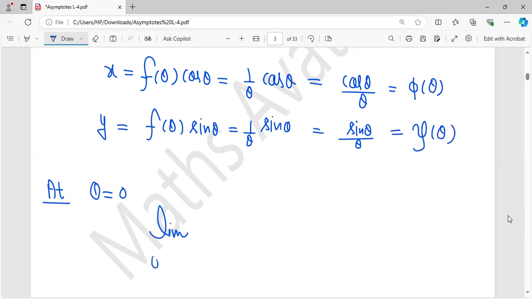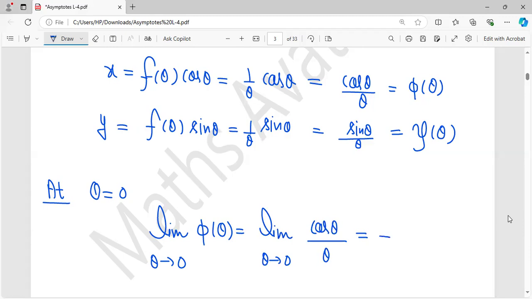Limit theta tends to 0 of phi theta is equal to limit theta tends to 0 of cos theta upon theta, that is plus minus infinity.